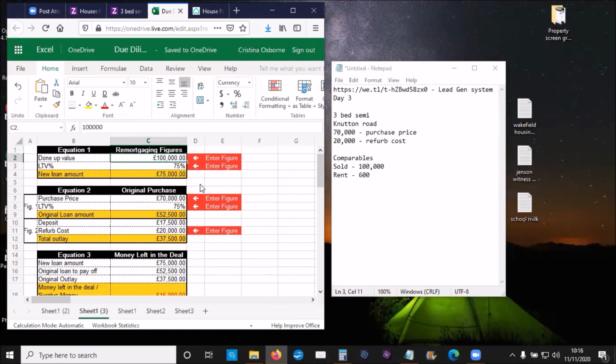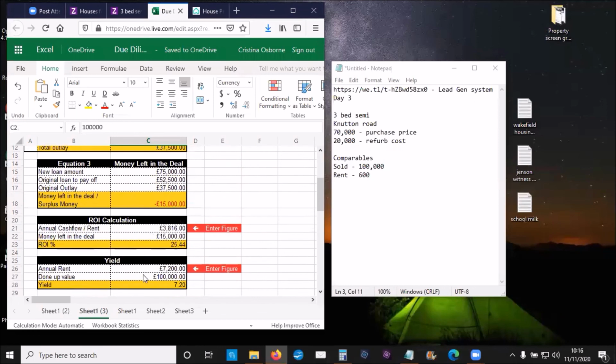So if I typed in here the done up valuation, which is 100,000, then my formula will catch that amount. Okay, so Yen's got the 7.2%. Michelle says 25% of the purchase price. Yes, 25% of the purchase price.